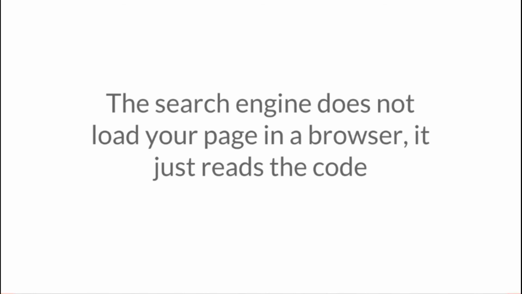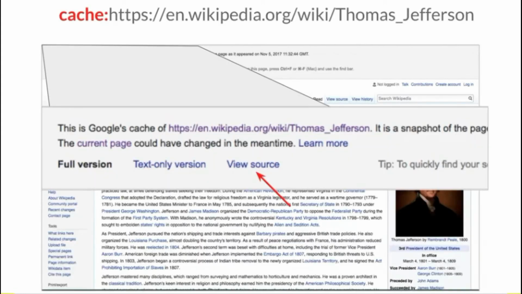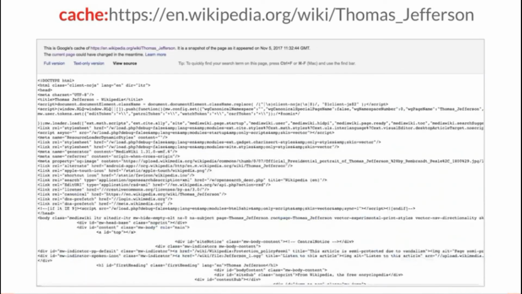So when we want to actually see the version of the page that the search engine sees, quote unquote, when it crawls the page, we'd want to look at the view source. What this is going to show us is the code of the page, and it's just showing us how the search engine would view that.